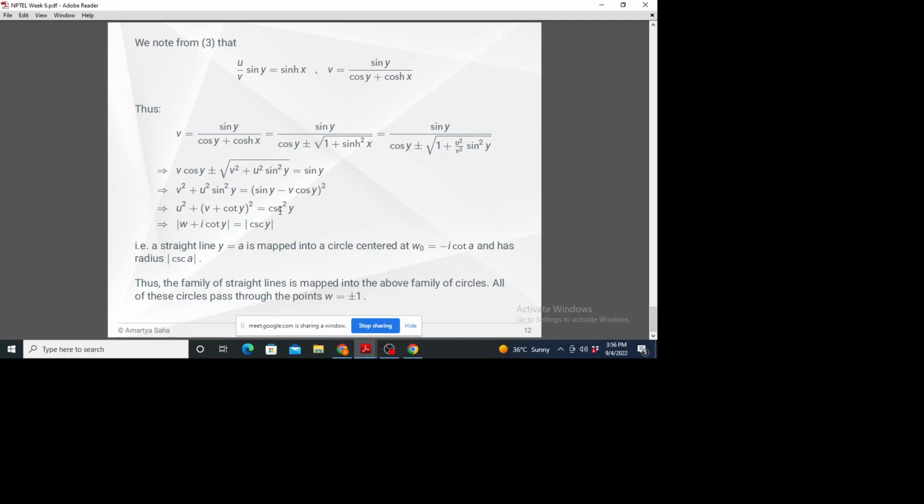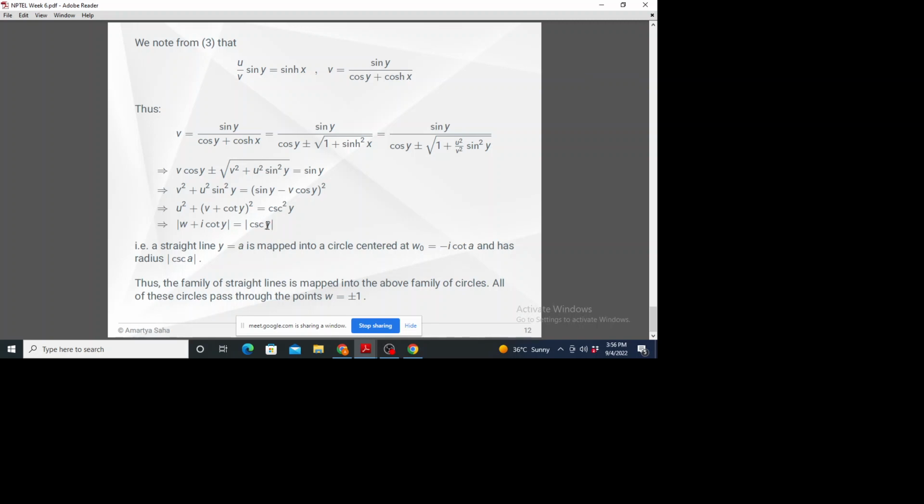This is the equation of a circle, and I have simply written that in the complex plane. So this is our circle in the W plane. W plus i cot y has modulus mod cosec y. Why mod cosec y? Even though y is real, cosec y can take negative values.